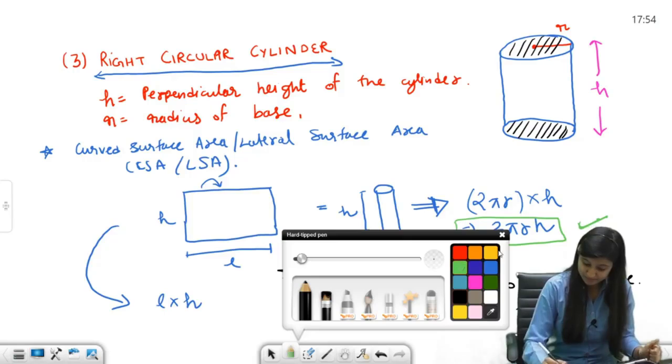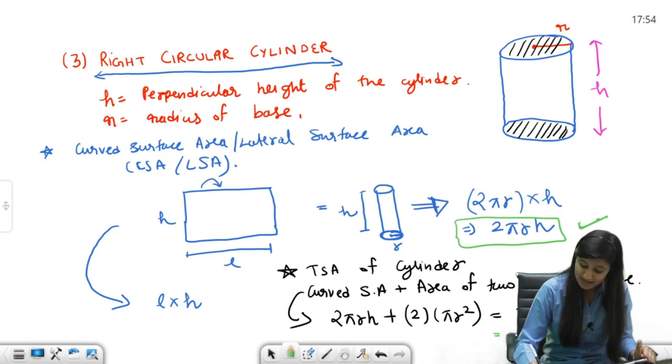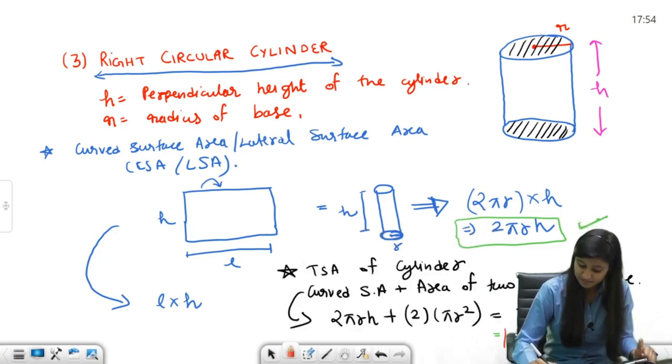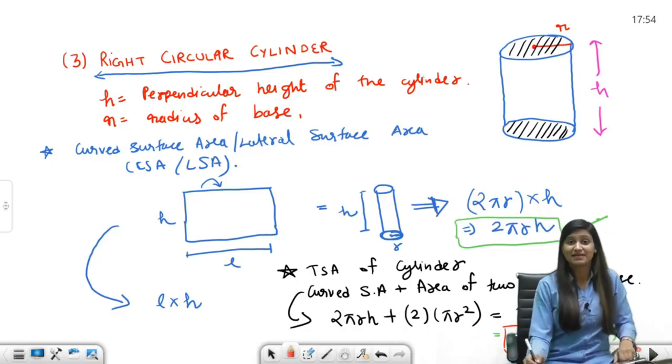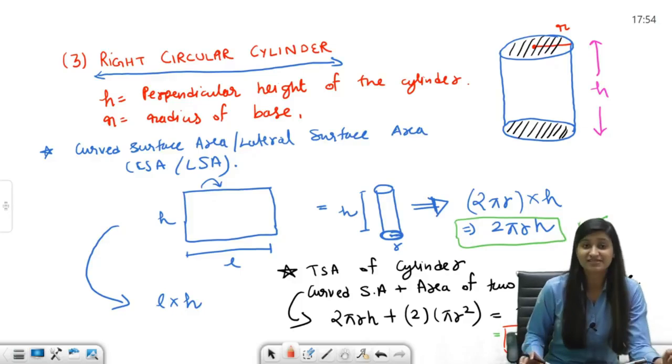It can be 2 pi r, right? So, I took 2 pi r. What are we left with now? Here, h plus r. That's it. Now, you are done with your final formula. It is 2 pi r (h plus r), right? This is your total surface area of a right circular cylinder.